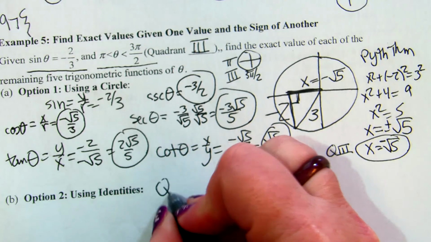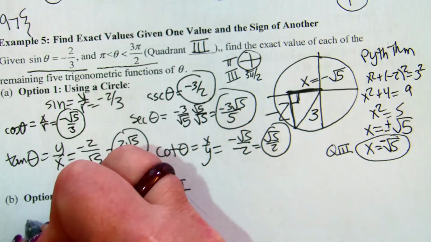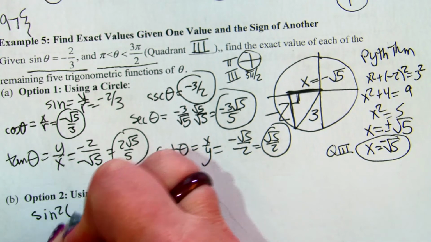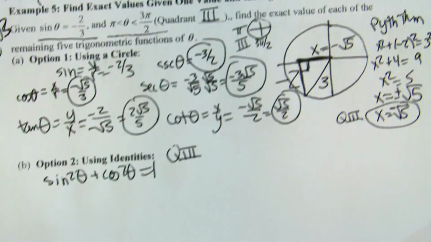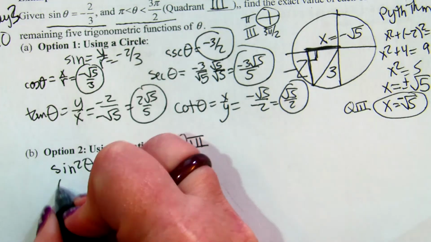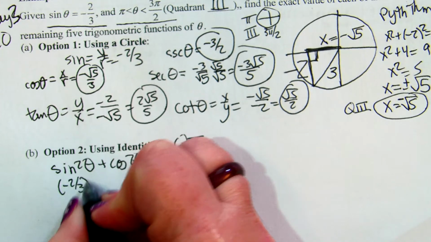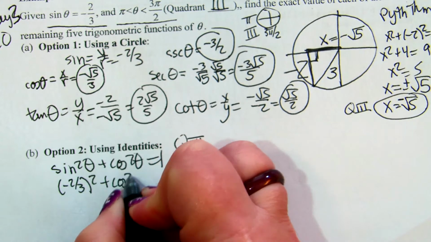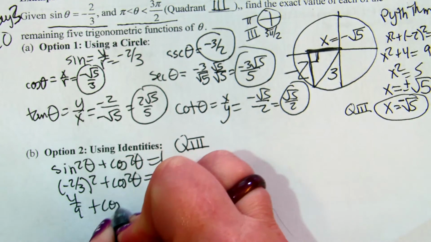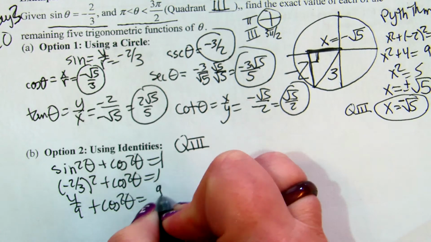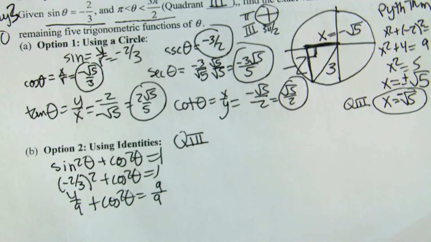We're in quadrant 3. And we know sine squared theta plus cosine squared theta equals 1. So if we put in sine, which is what was given, plus cosine squared theta equals 1, we get 4/9 plus cosine squared theta. Let's change this to 9/9, because 1 is 9/9.